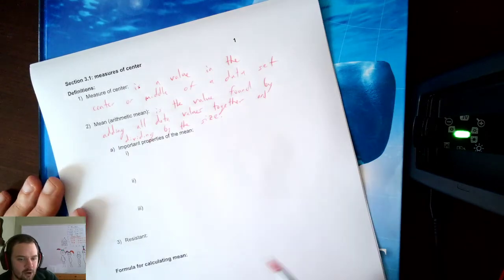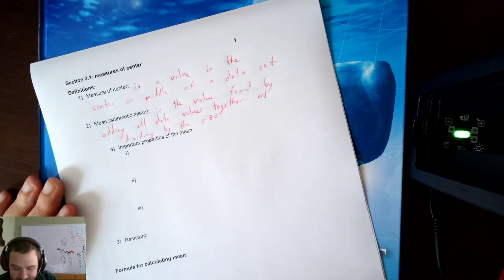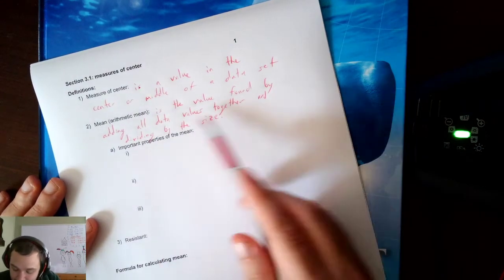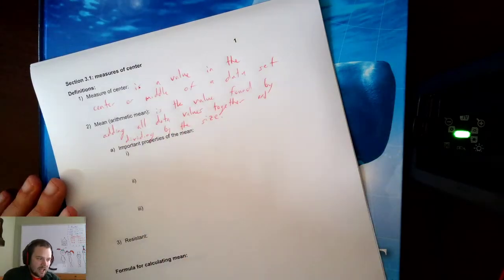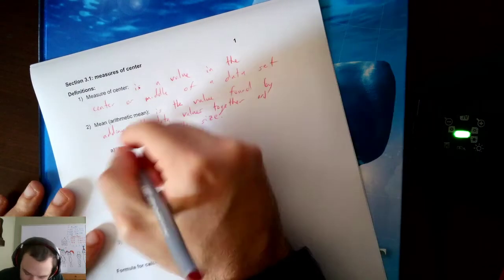It's the average. Most people like to think of the mean as the average, right? It's the value found by adding all data values together and dividing by the size. It has three important properties.